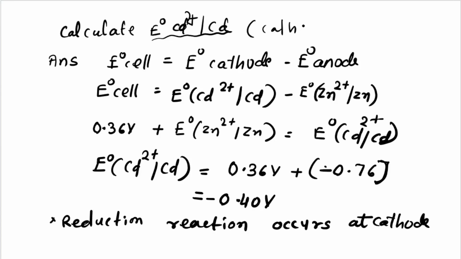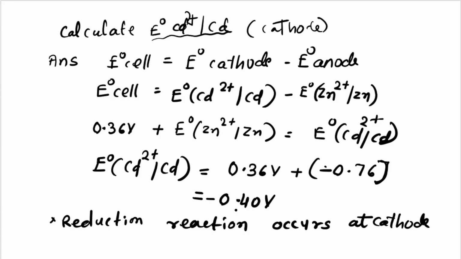So simply you put the value here, that is E0 cell 0.36 voltage, where zinc is given, that is minus 0.76, cadmium is not there. So E0, the standard electrode potential of cadmium, is calculated as this.